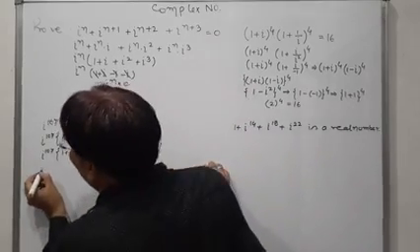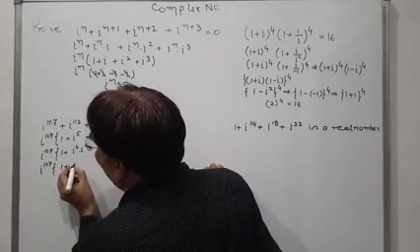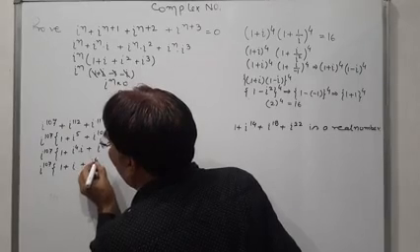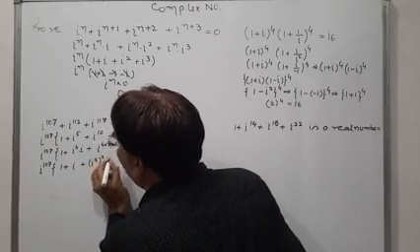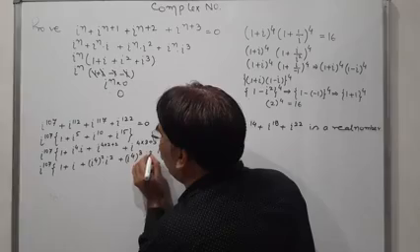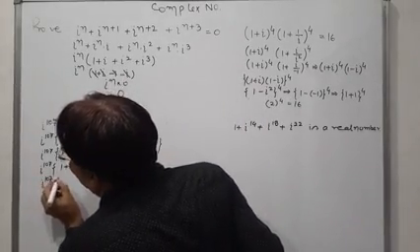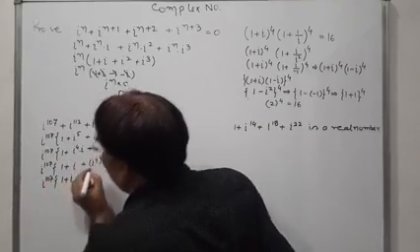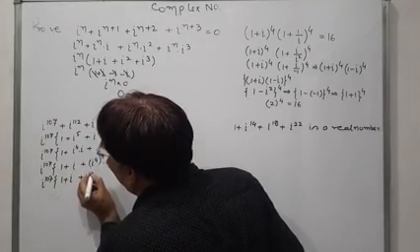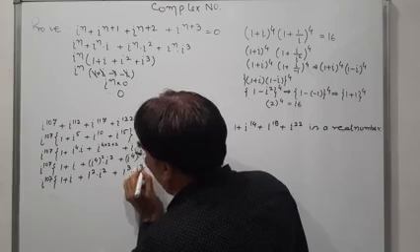Now i to the power 107 (1 plus i to the power 4 into 1, so it will be i, and here we can write i to the power 4 square into i square plus here i to the power 4 cube into i cube). So i to the power 107 (1 plus i, and this one will be 1 square into i square plus 1 cube into i cube).